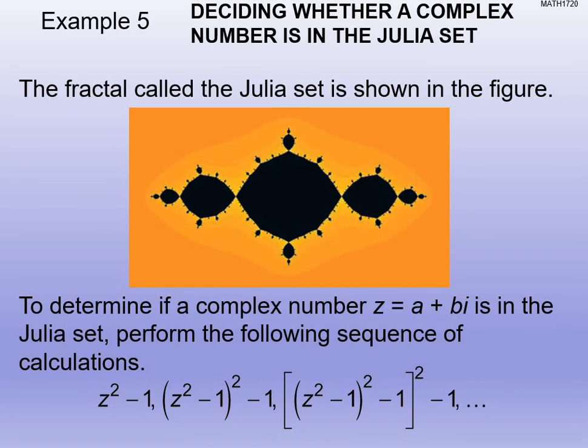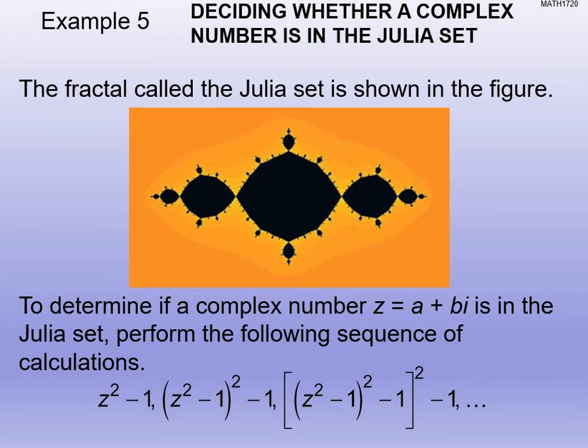Alright, the most famous one is the Mandelbrot set, and that's kind of what you're looking at right here. So that's really what the Julia set is, and we're just seeing if these complex numbers are part of that set or not. If we want to determine that a complex number is part of the Julia set, we have to do the following sequence, which is sort of a Riemann sum for us.